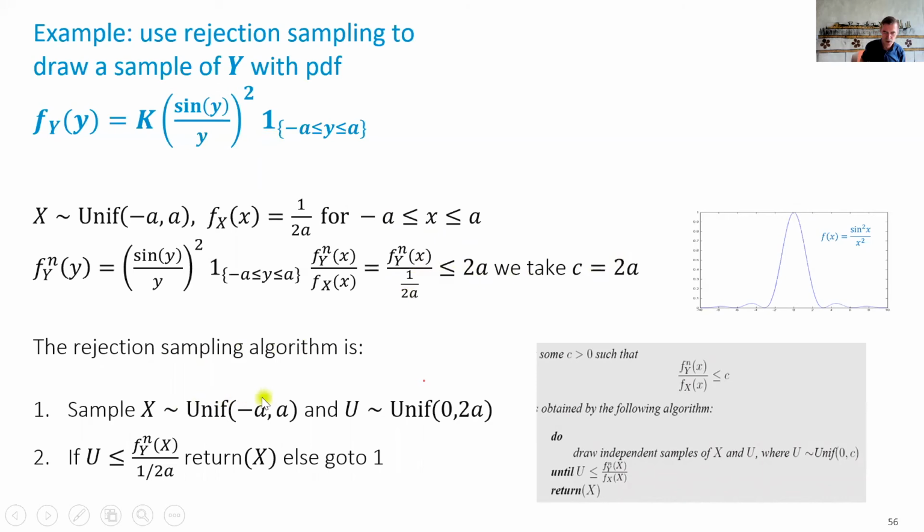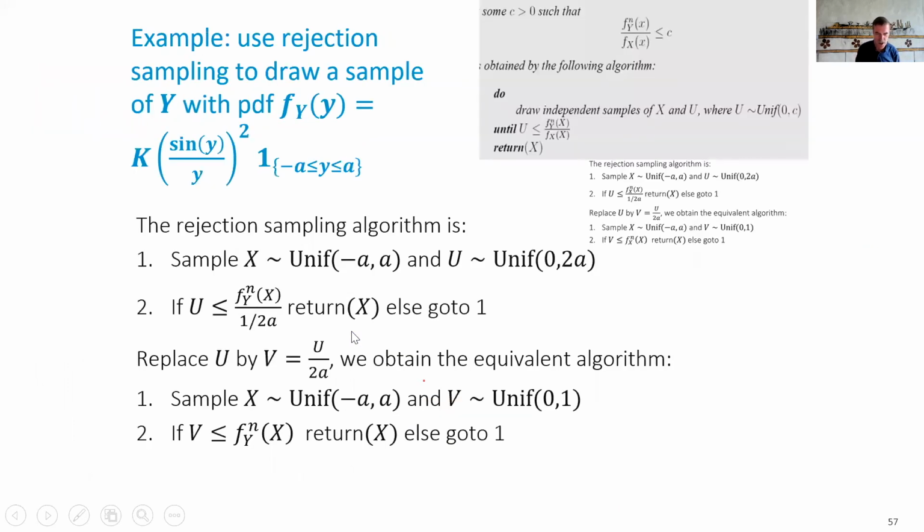Draw x uniformly between minus a and a, and u uniform between 0 and 2a, and if u is less than this, return capital X here, right? Which is almost what I did in the algorithm there. I can rescale things a bit.